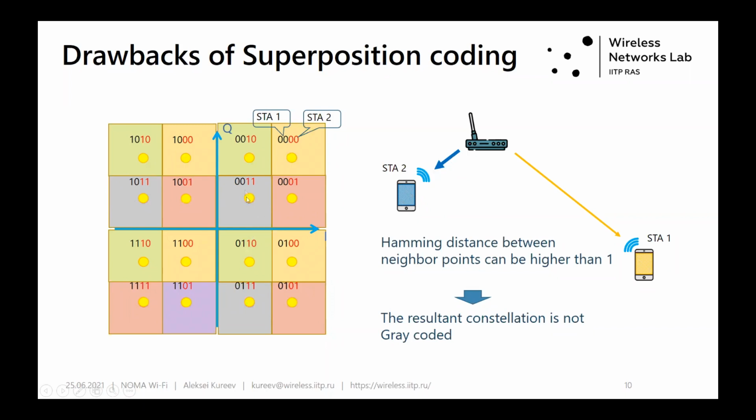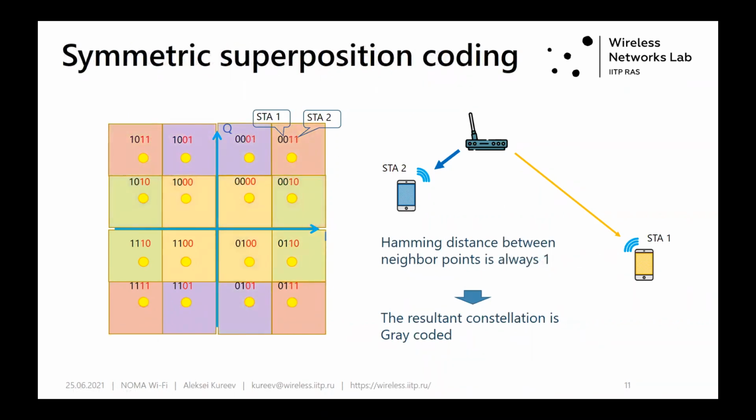If we consider this constellation in detail, we see that the Hamming distance between neighbor constellation points can be higher than 1. For example, here is 0011 and here is 0110. If an error occurs, we will receive an error in 2 bits instead of 1, which is usually the case in Wi-Fi.